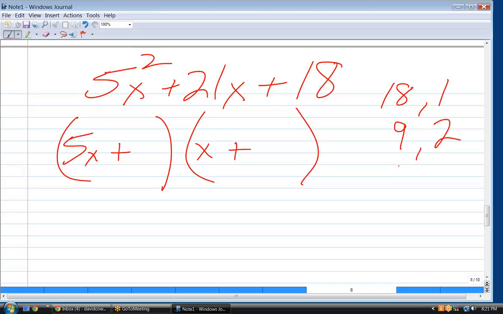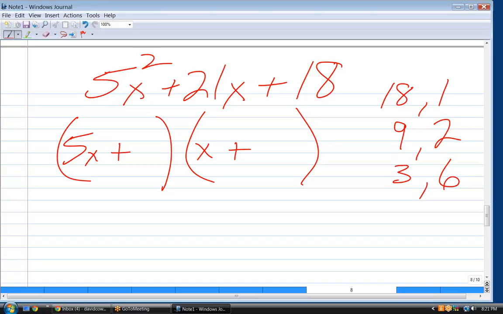So then you're going to get 3, and you're going to get 6, I'm sorry. You think that's all of it? Yes. Okay. So now, again, because this is a 5 and this is a 1, I cannot make any statements about factors of 18 that add to 21. I can't do that. That's why these are harder.